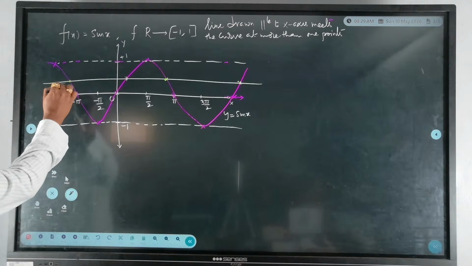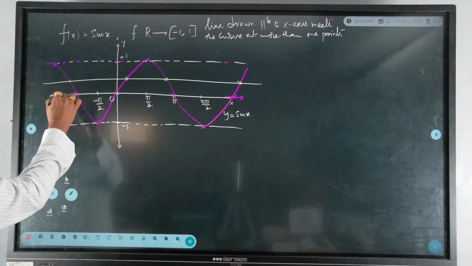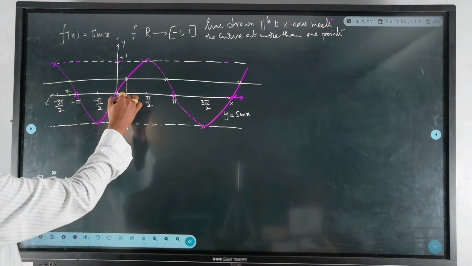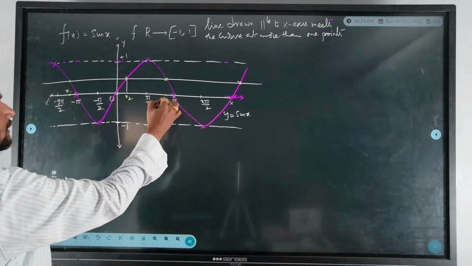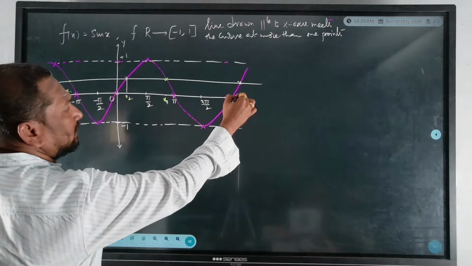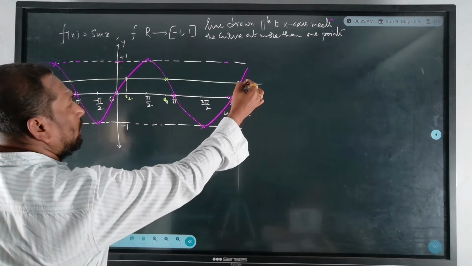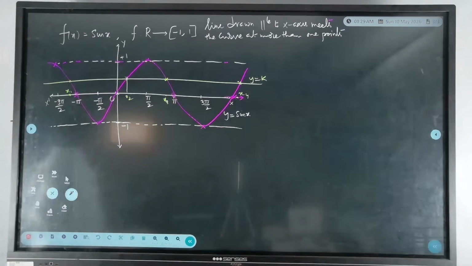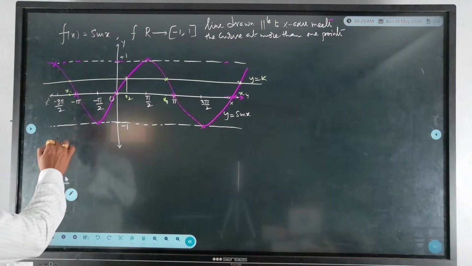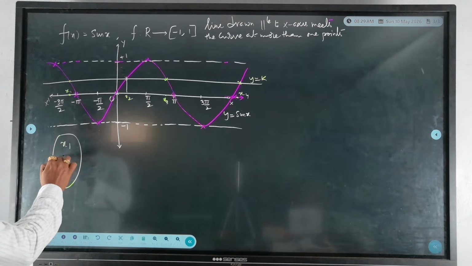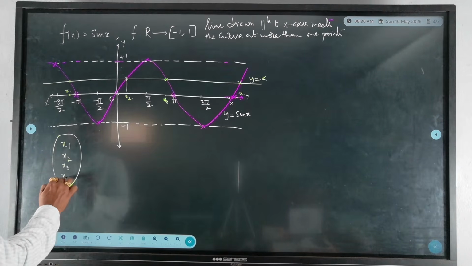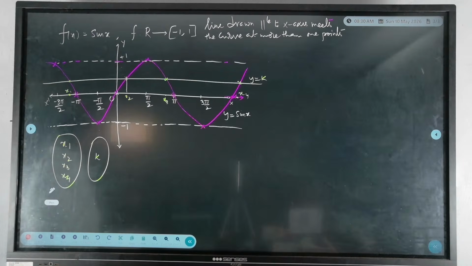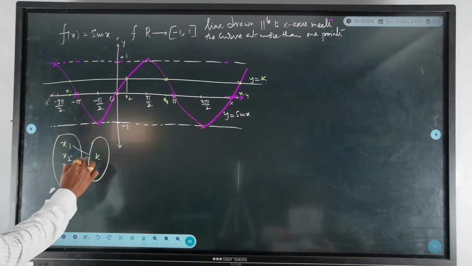This is x1, this is x2, this is x3, this is x4. This is the line y equals k. So for x1, x2, x3, x4, what is the image? k.